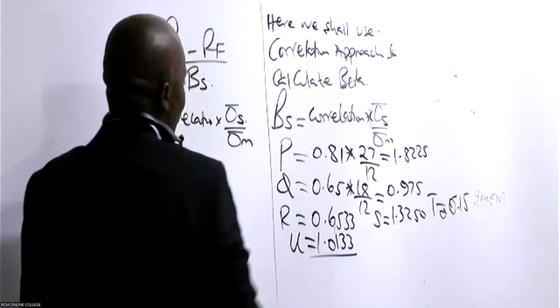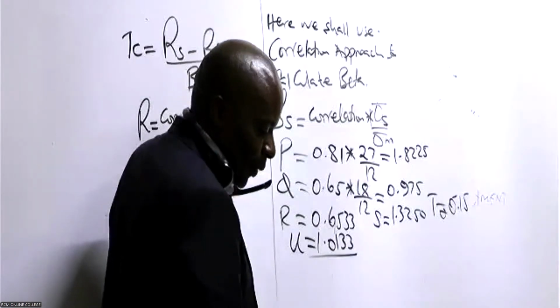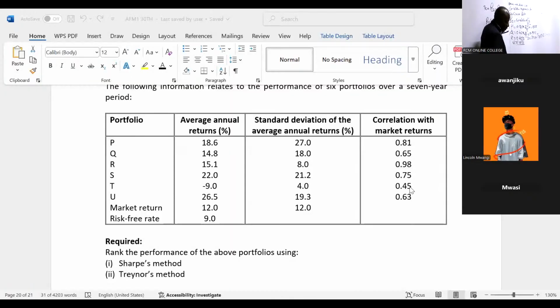So for R, are you able to see the correlation for R? Please help me out. 0.98. How about the standard deviation of that security, R? Are you able to see it is 8? 8 divided by 12. Marceline, how could you get even a negative number?